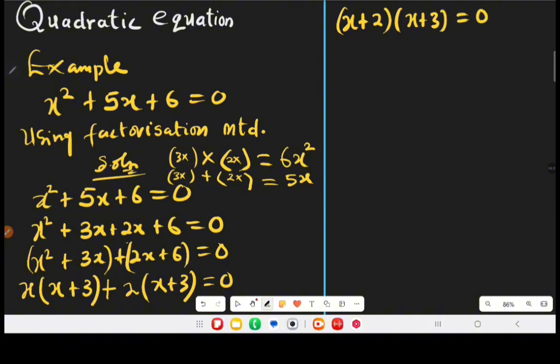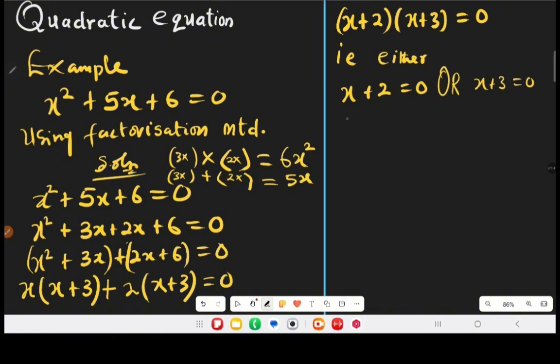What will make this expression 0? Either one of the brackets. If we turn one of the brackets to 0, everything will change to 0. That is either x plus 2 equals 0 or x plus 3 equals 0.